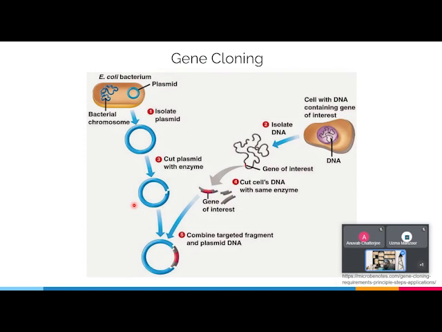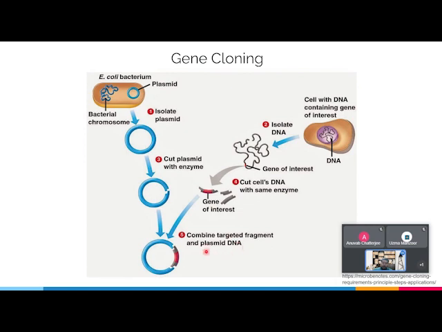How is it done? First, you take your plasmid and isolate it, and as we had just learned, you digest the plasmid with a restriction enzyme. You take your particular gene of interest and also digest it with the same compatible enzyme, and then combine the targeted fragment and the plasmid DNA.